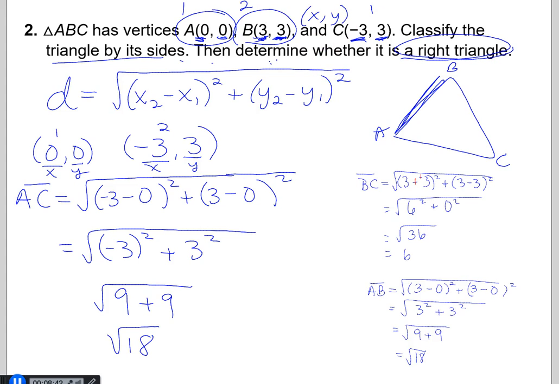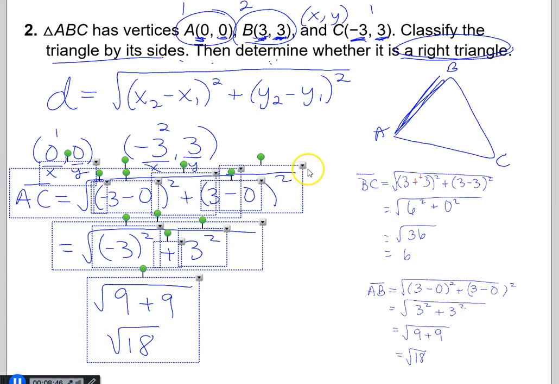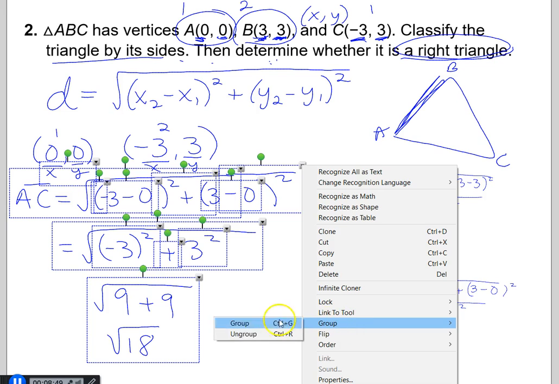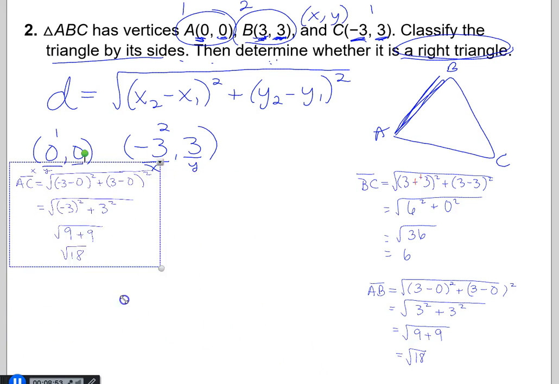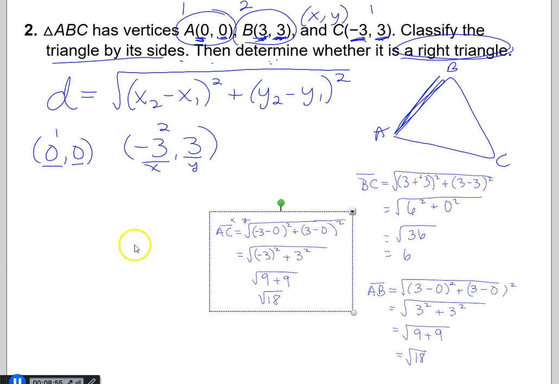And last year you learned something that worked only with right triangles. And that was a theorem I just mentioned a second ago. The Pythagorean theorem only works with right triangles.